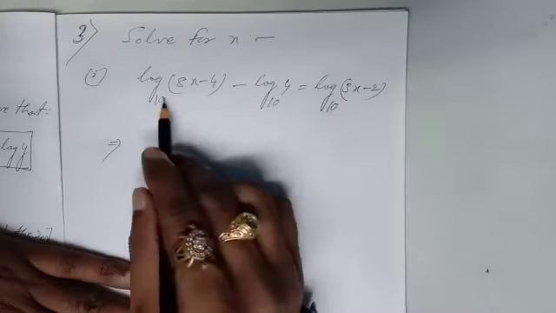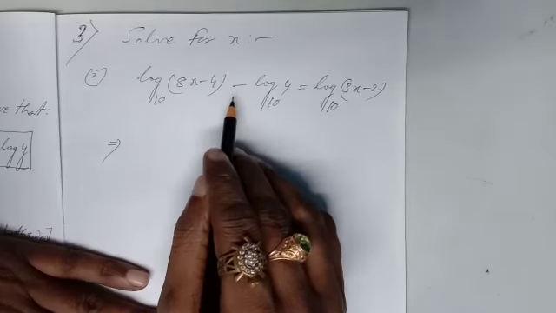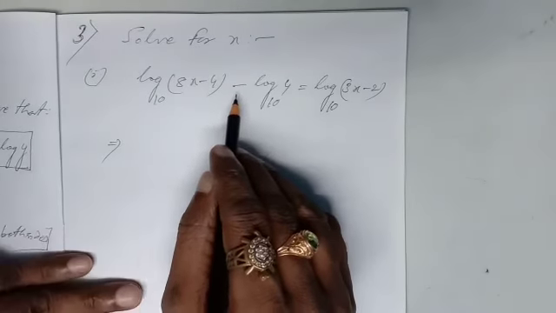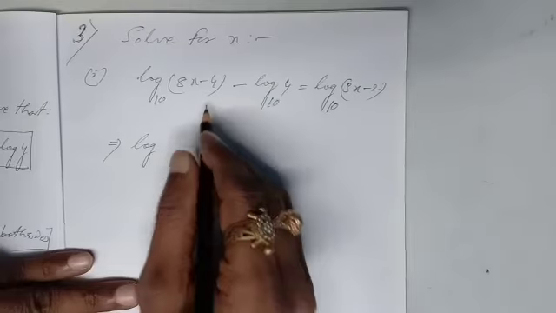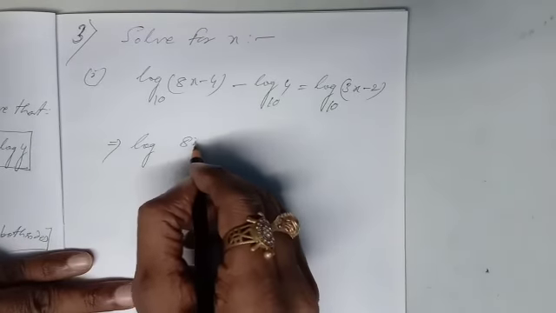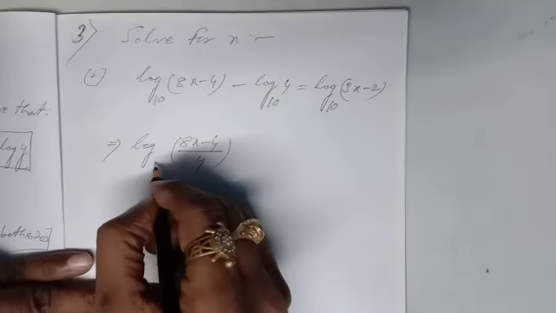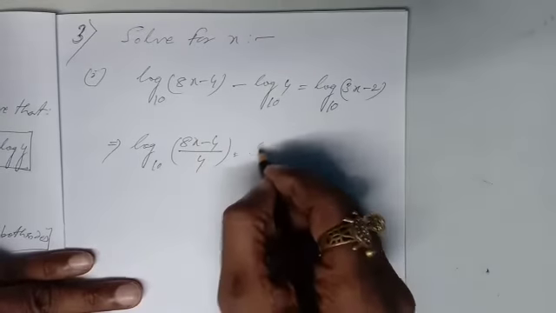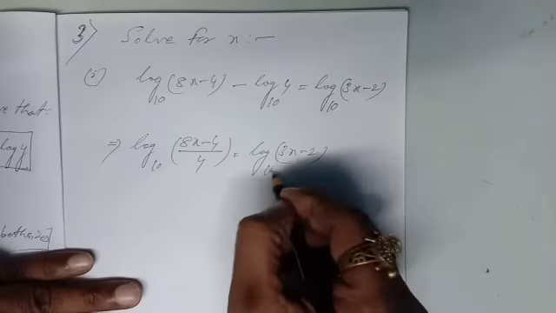In every case, base 10 given, and here minus sign given, you have to find out the value of x by solving this equation. Now see, log (8x minus 4), here minus log 4, that means you have to divide. Minus means divide: (8x minus 4) by 4 base 10 equal to log of (3x minus 2) base 10.